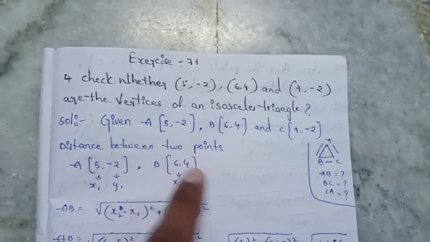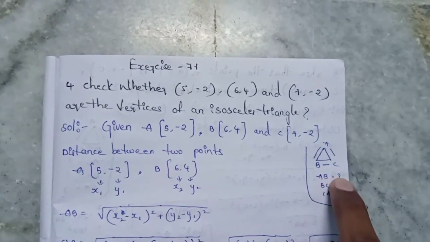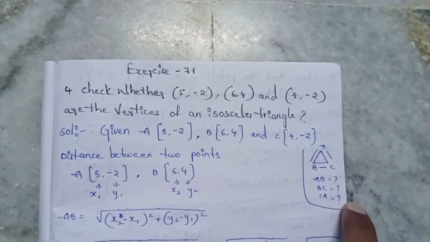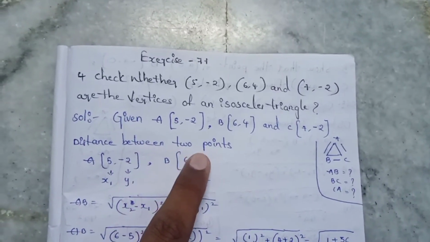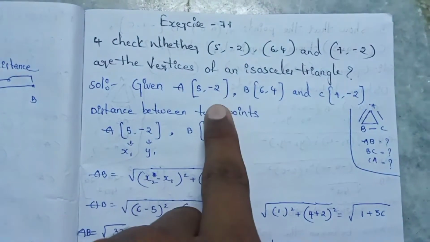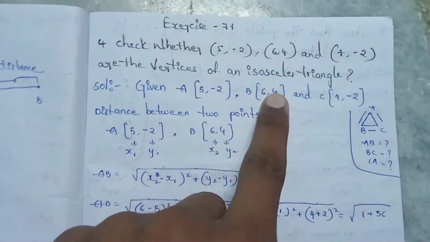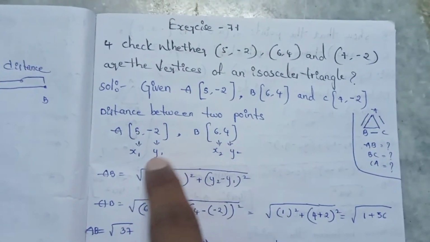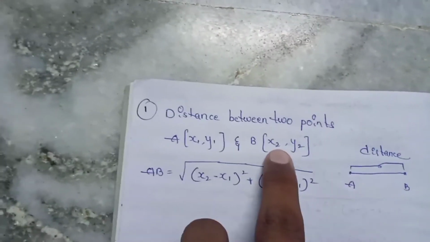Distance between 2 points. Let us find the distance of AB, next BC, next CA. A values are (5, -2) and B is (6, 4). A values are x1, y1 and B are x2, y2.